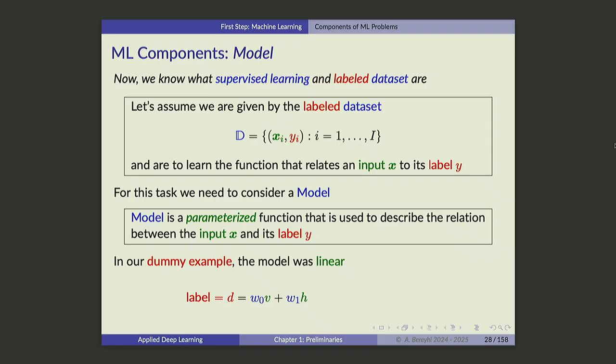Everybody's cool? So I can simply write it down. Once again, we do the same thing as we did there. I can take this w0 and w1 out, right? I can put v and h into another vector, right? This inner product is going to end up with this, right? So I don't need to write it down like this. I can write it down as an inner product, right? Everybody's cool?